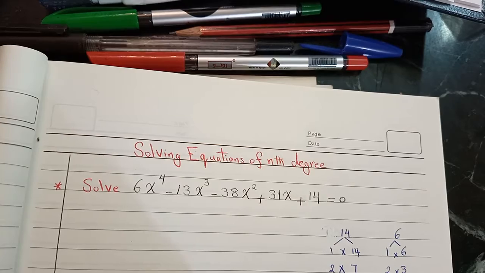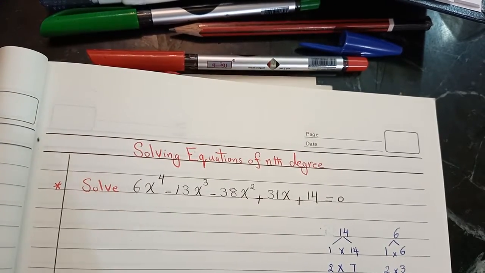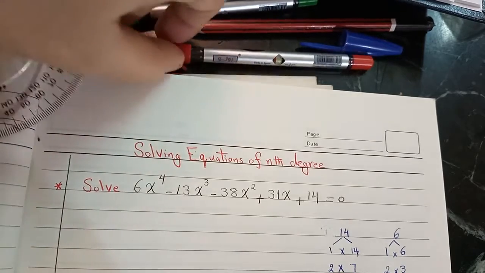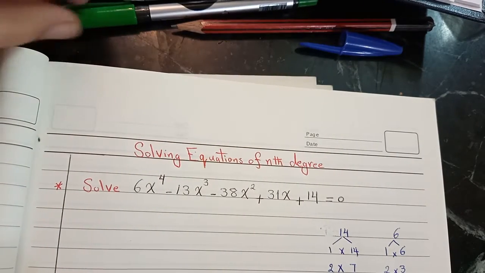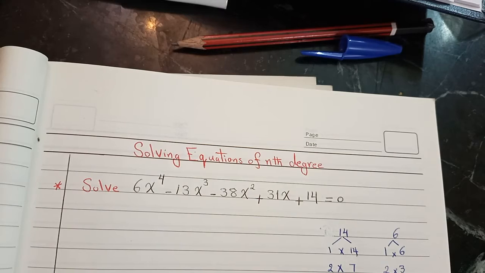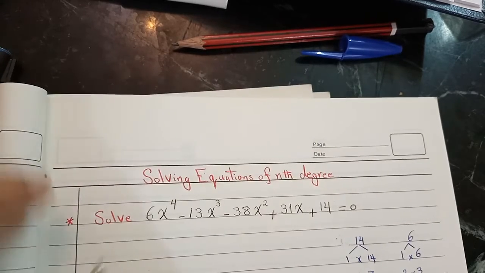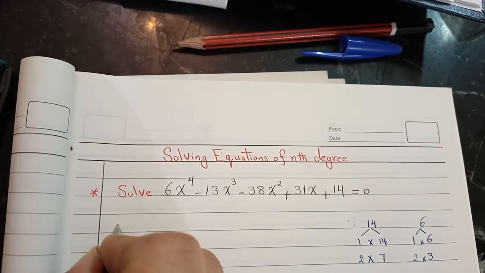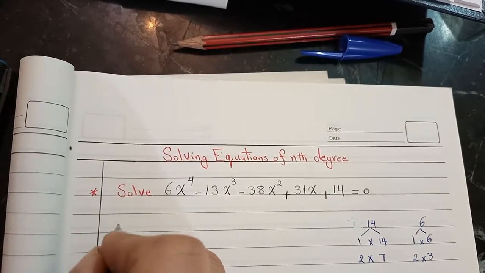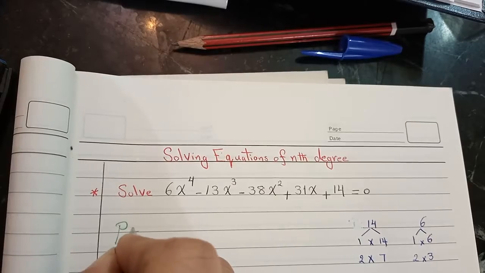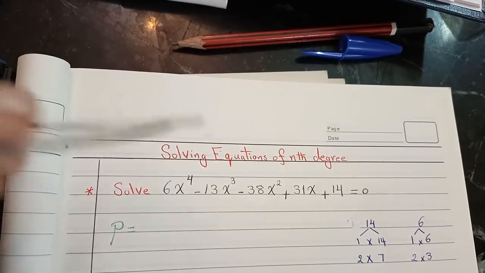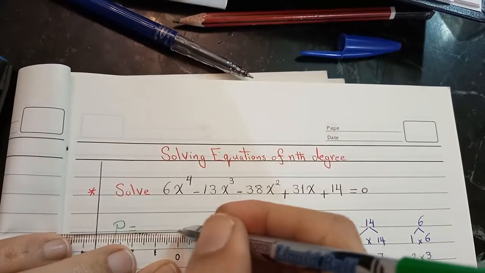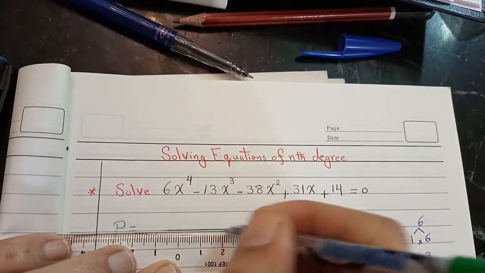Now we are going to do our first step, which is trying to find the value of x. It depends on trying, we'll find all the possibilities. I'm going to write p equal, and I'm going to make a fraction line.